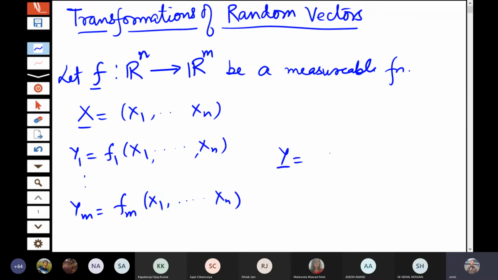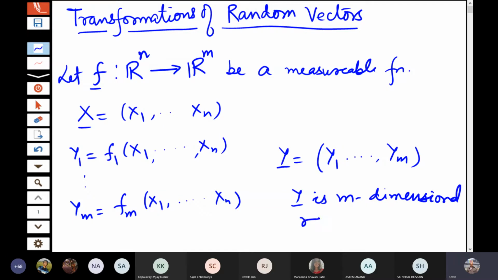So we have y as an m dimensional random vector. So x is a random vector, then we have an m dimensional function of that, then that is also a random vector. So in general, we are interested to find out the distribution of y.